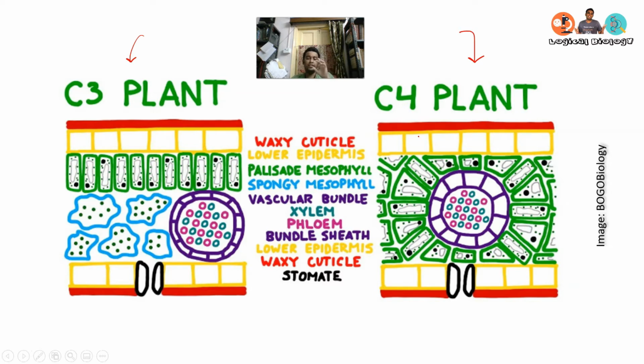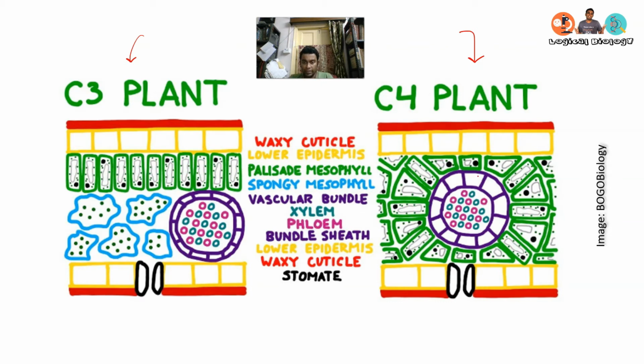These C4 plants actually grow in the tropical and subtropical regions where the temperature in most cases is high, and these are plants which are exposed to a high light intensity, right? So keeping all these factors in mind, they have come up with a specific adaptive feature which is visible here.